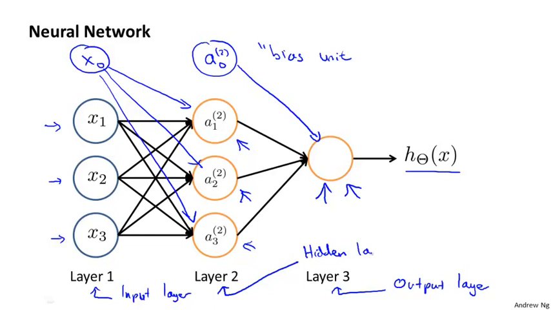The term hidden layer isn't a great terminology, but the intuition is that in supervised learning, you get to see the inputs and the correct outputs, whereas the hidden layer values you don't get to observe in the training set. It's not x and it's not y, so we call those hidden. Later on, we'll see neural networks with more than one hidden layer. But in this example, we have one input layer, layer 1, one hidden layer, layer 2, and one output layer, layer 3. Basically, anything that isn't an input layer and isn't an output layer is called a hidden layer.